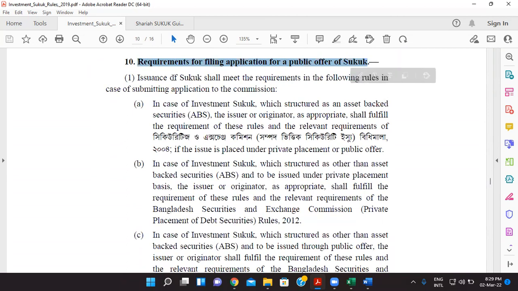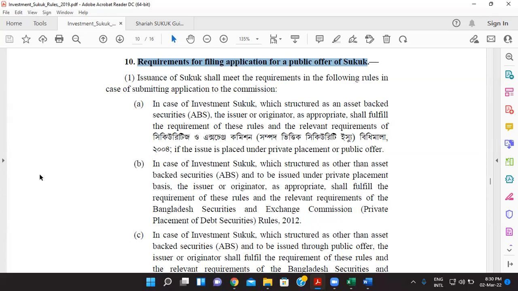So when you will be issuing sukuk, you should meet some requirements in the following rules in case of submitting applications to the commission. Again, the commission is BSEC. So in case of investment sukuk, which is structured as asset-backed securities, the issuer or originator, as appropriate, shall fulfill the requirements of these rules and the relevant requirements of the Securities and Exchange Commission Asset-Backed Security Issuance Guidelines 2004, if the issue is placed under private placement or public offer.